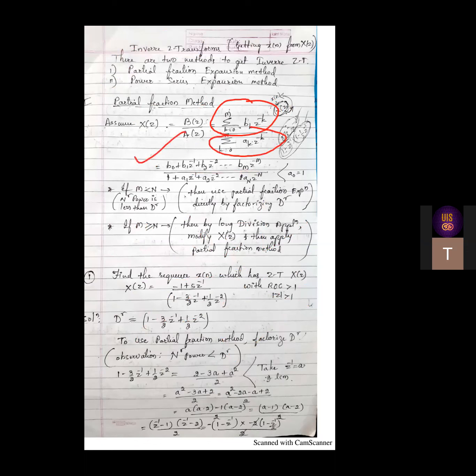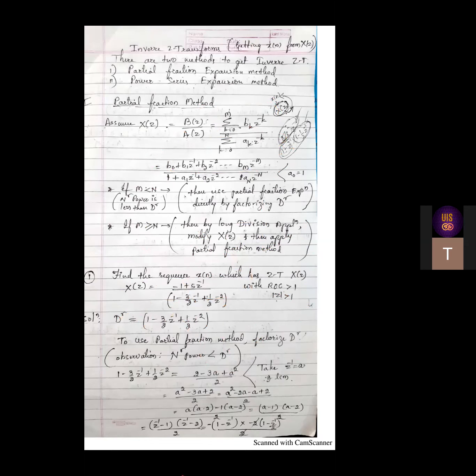If we expand both by putting in k values from 0 to M and 0 to N, you will get this expanded sum. And remember, in the denominator we don't have a naught term: a naught is equal to 1, because in previous problems, whenever we got x of z, it was something like 1 plus or 1 minus. So the denominator has the term 1, and just to make it similar, we have taken a naught equal to 1.